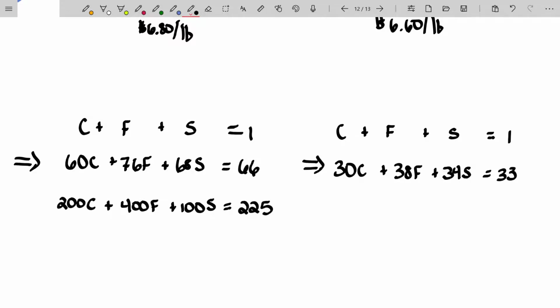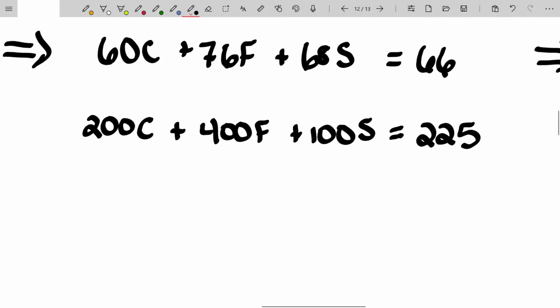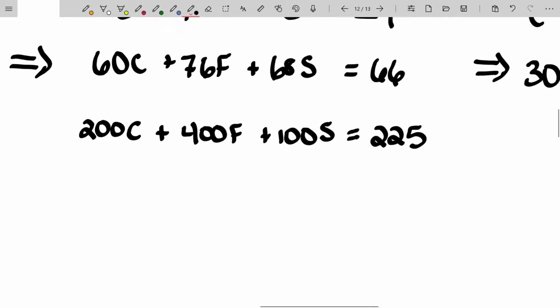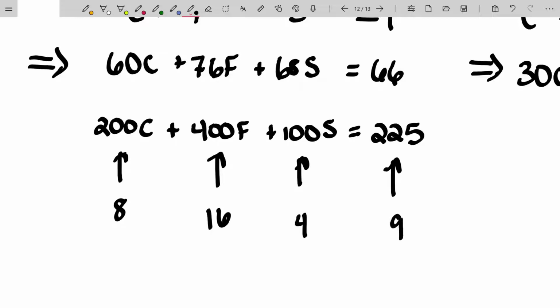And the bottom equation actually would clean up quite a bit, because you can divide everything by 5. And in fact, you could divide everything by 25, which will be super duper helpful. Because 25 goes into 200 8 times, 25 goes into 400 16 times, 25 goes into 100 4 times, and 25 goes into 225 9 times.